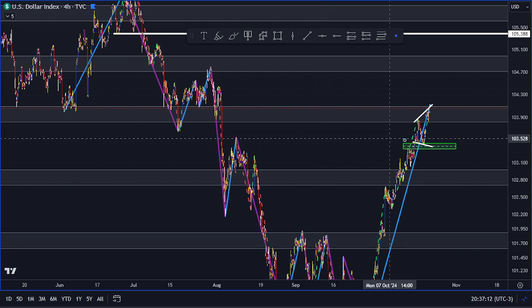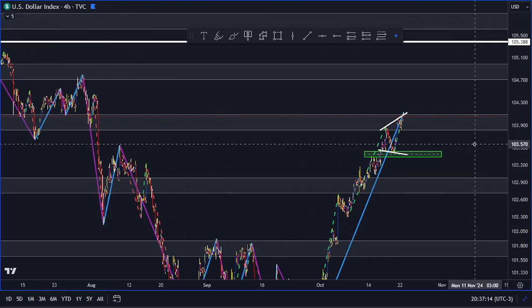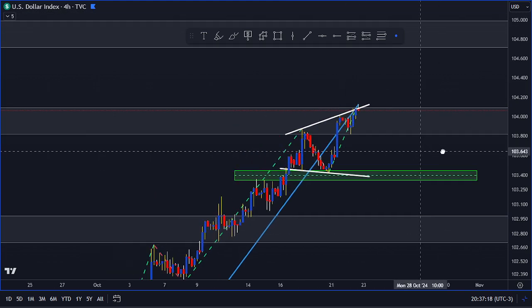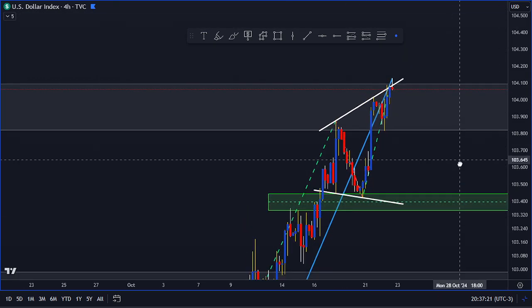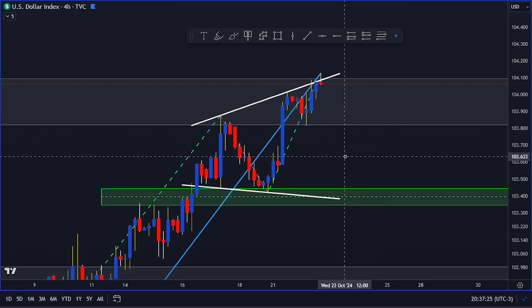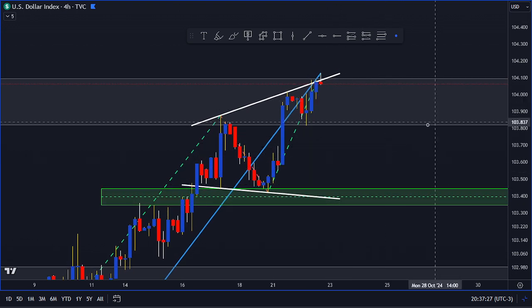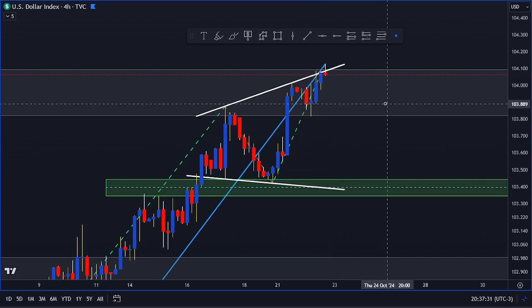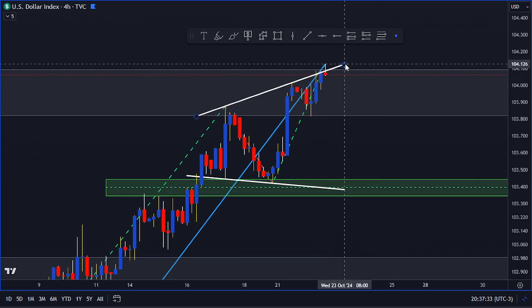So for me, I'm expecting the market to reverse and make its way to the downside on the dollar index at this area. This is one chart pattern that I don't know, maybe it's called a pennant, I really don't know, but I call it chaos pattern.